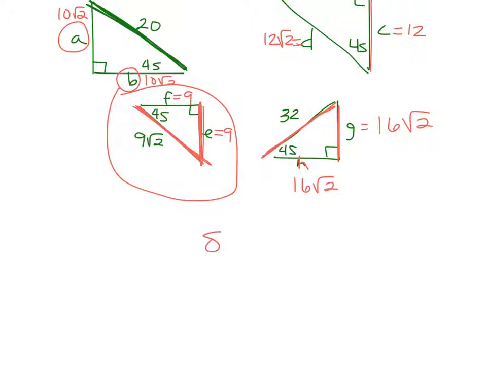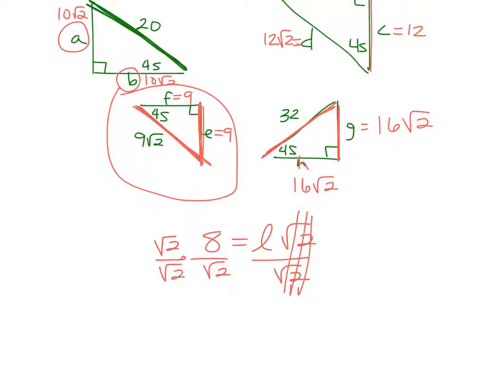Just make sure if I'm saying, let's say it worked out to 8 equals L rad 2, right? The process is this, one last time. If you're going to solve it out the long route, you would divide by rad 2, and then you're going to multiply by rad 2 over rad 2.